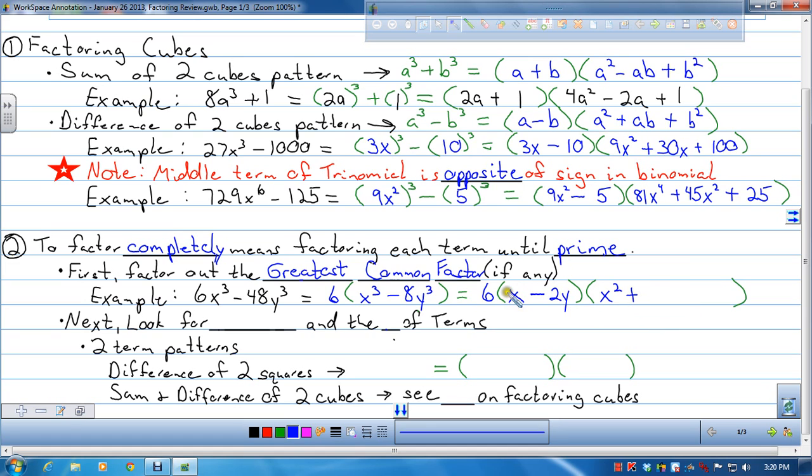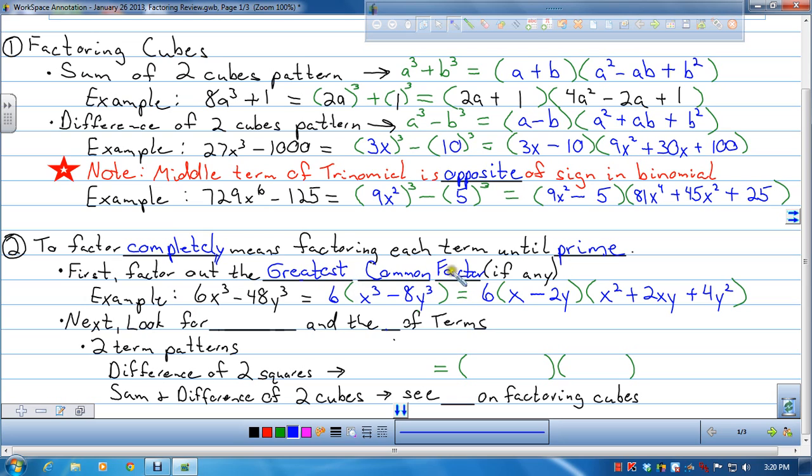I'd multiply those two together, so I'd have a 2xy. And then I would square this, I'd have a 4y squared. Alright, so that shows you how factoring out the greatest common factor can make factoring a binomial or a trinomial a lot easier.